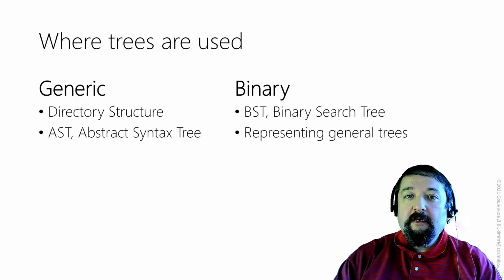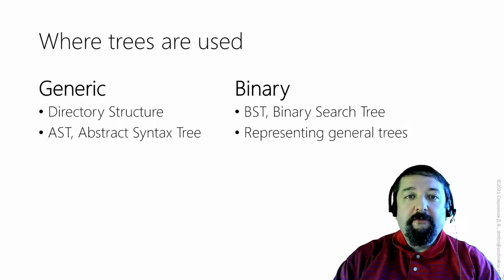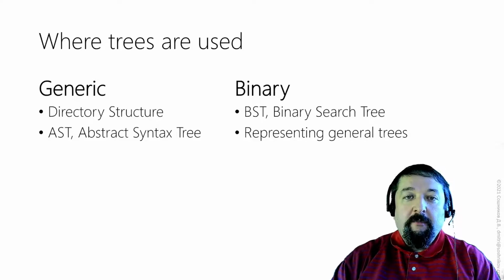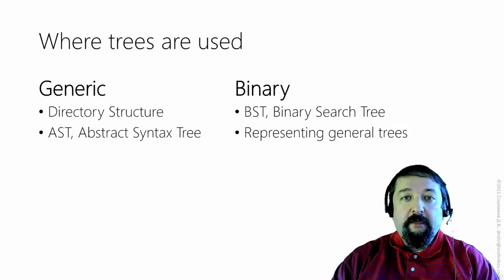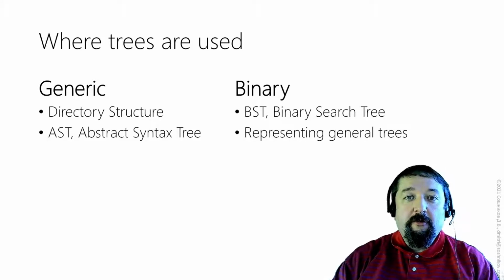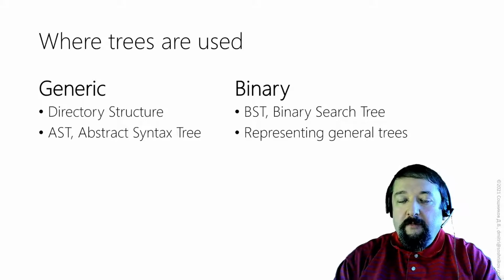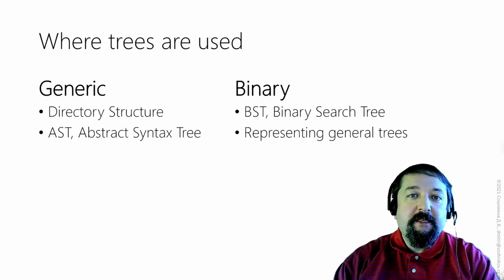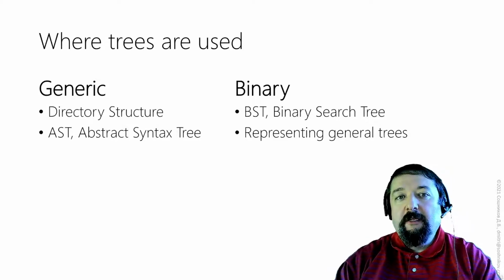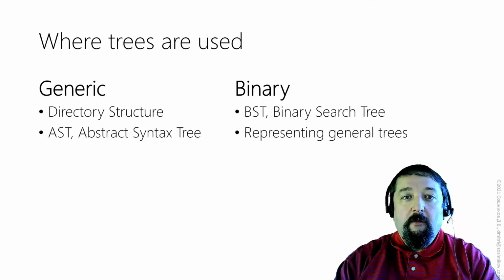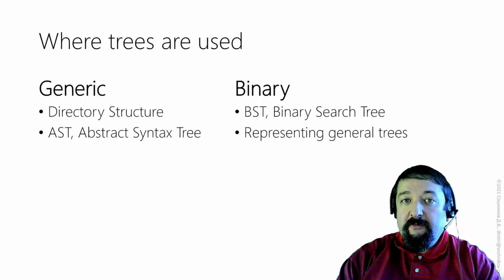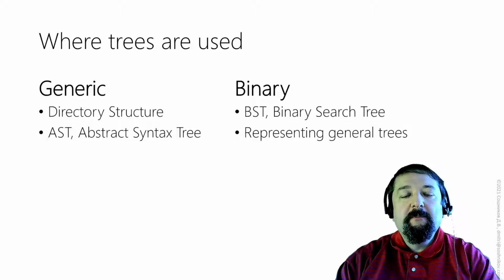Binary trees, the most obvious use for a binary tree is the binary search tree, because as you know, in a functional programming language you cannot have arrays, so you cannot organize binary search. But if you want to search effectively, using a more effective strategy than just linear search, then you can use binary search trees. Binary trees are also used to represent generic trees.